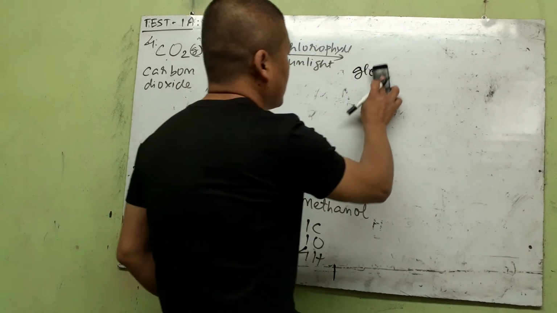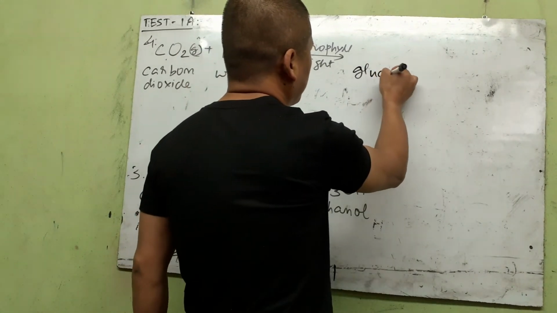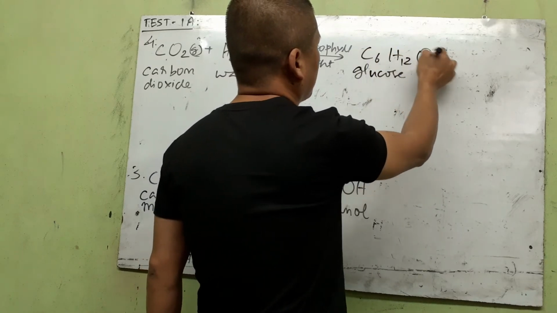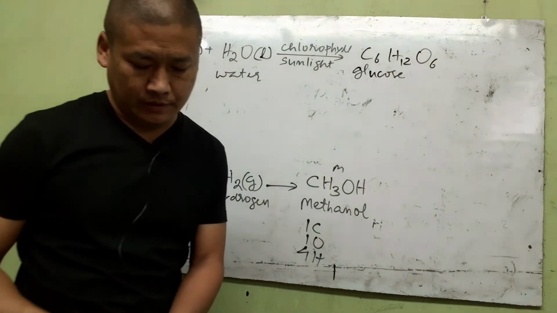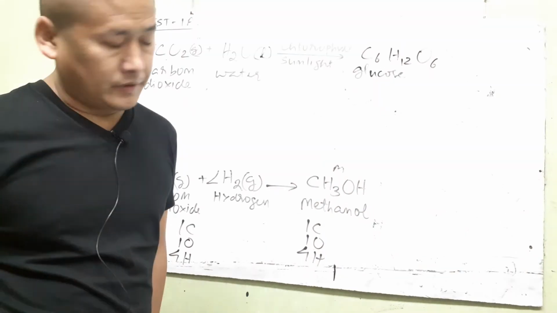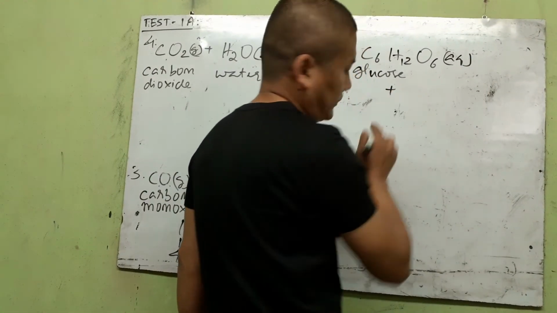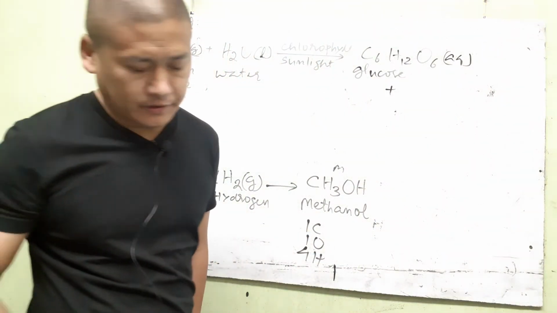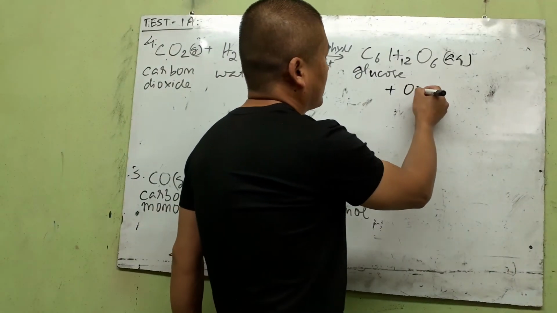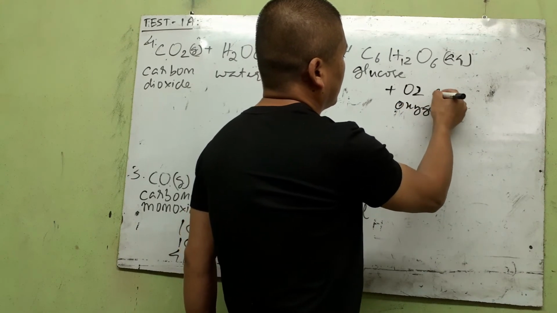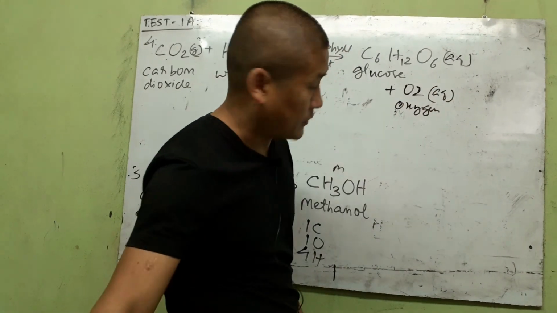So write the glucose, and there is no trick to write this formula yet, so just write C6H12O6. Keep it in your memory. Glucose in the aqueous form means dissolved in water. Then the other product is oxygen, O2. So you write here oxygen, and dissolved in water is called aqueous form.